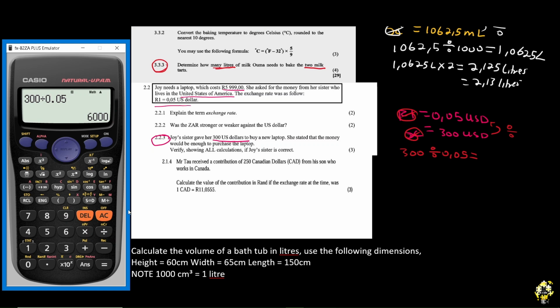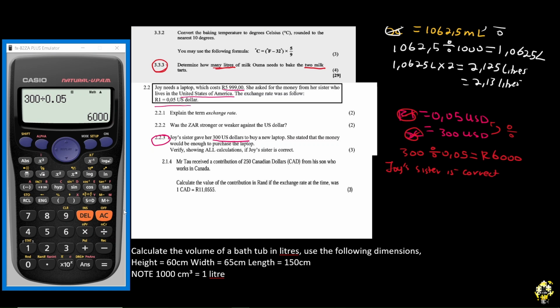Well, it's 6,000. Look at that. It's 6,000 rands on the dot. Indeed, it is enough. So you'd conclude by saying that Joy's sister is indeed correct.